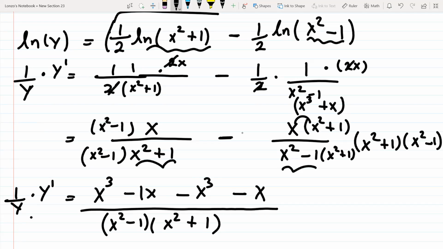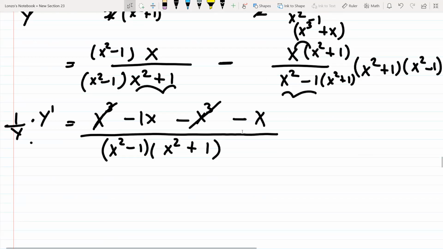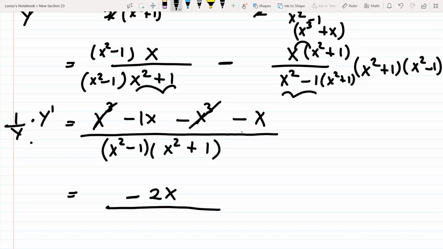On the numerator, the x cubes cancel, and you're left with negative 1x minus 1x, which is negative 2x. On the bottom, you're left with x squared minus 1 times x squared plus 1.